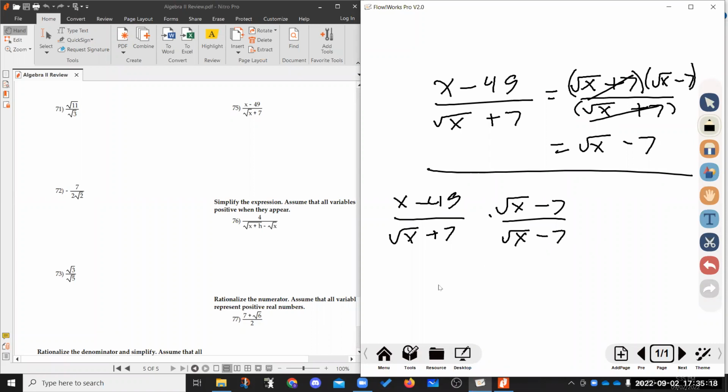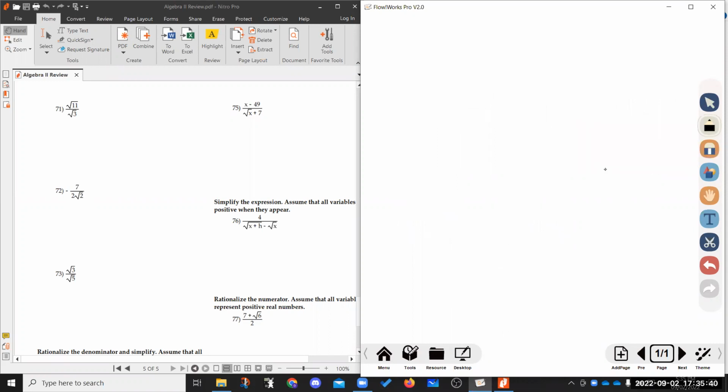And when I do that, that's going to give me x minus 49 in the bottom, x minus 49 in the top, and a √x minus 7 in the top. And the x minus 49s will cancel, leaving me with √x minus 7. I get the same answer both ways. Just take your pick how you want to look at that one.